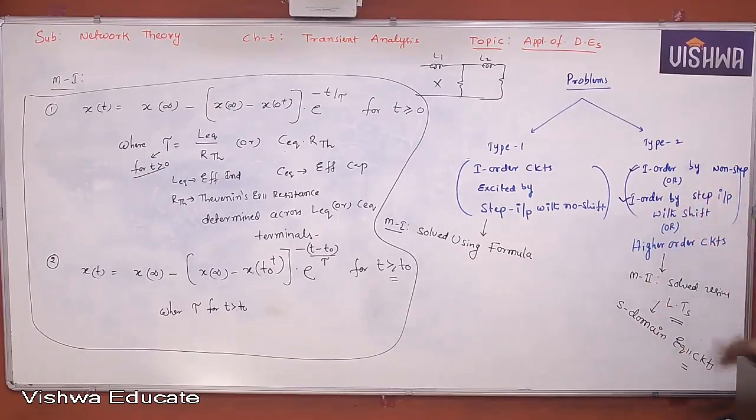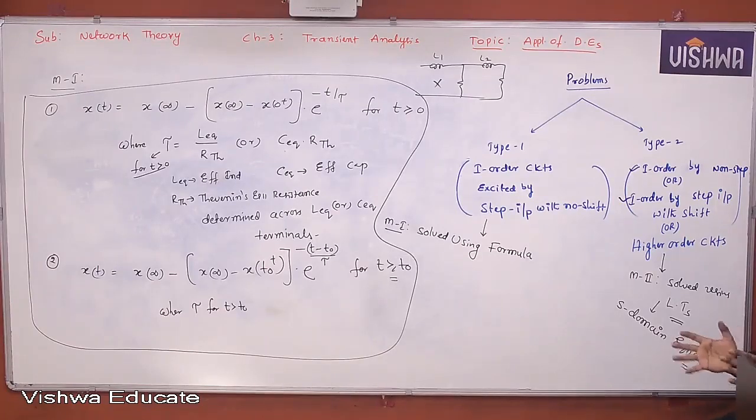So to apply the formula, what are the conditions? Tell me, all of you. The first method, if you want to apply, this method is applicable to what? Only first order circuits that must be excited by step input with no shift. Second important condition, which we have not mentioned anywhere, but it is understood by looking at that formula, there should be a convenience, or it should be convenient to calculate L equivalent in case of RL circuit, or else it should be convenient to calculate C equivalent in case of RC circuit.